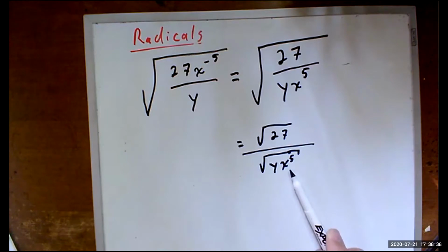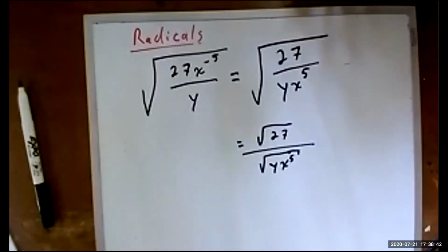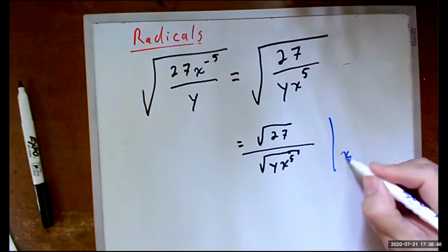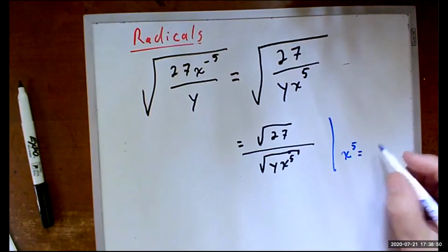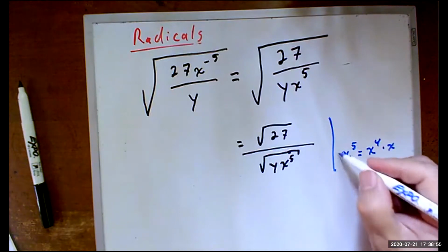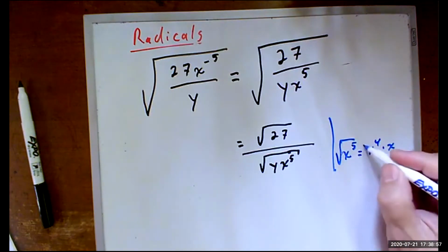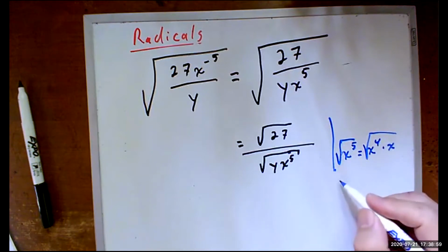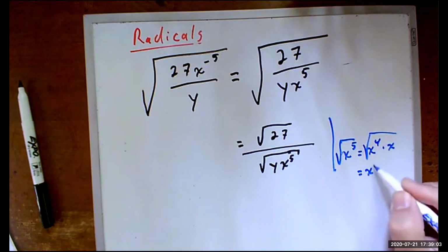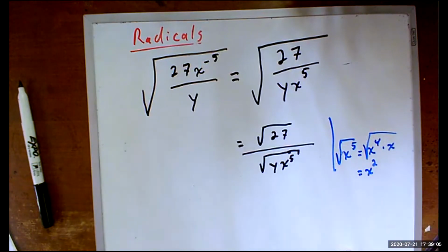Now this x to the 5th has a couple of squares in it that I can pull out. Just do a quick sidebar here. X to the 5th is the same as saying x to the 4th times x. And if I have this under a radical sign, I can then take the square root of x to the 4th, and the square root of x to the 4th is x squared.